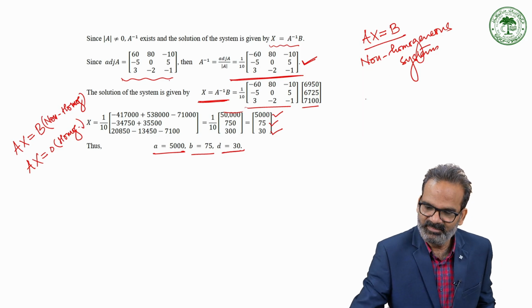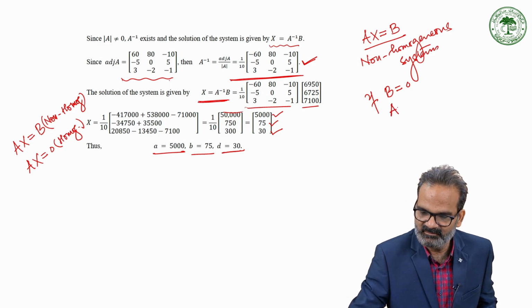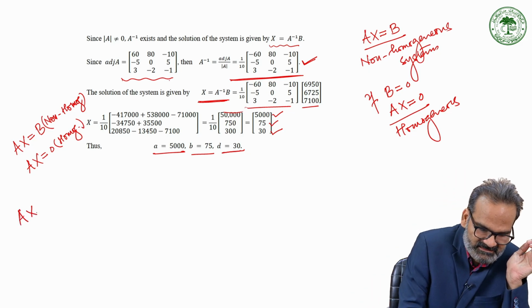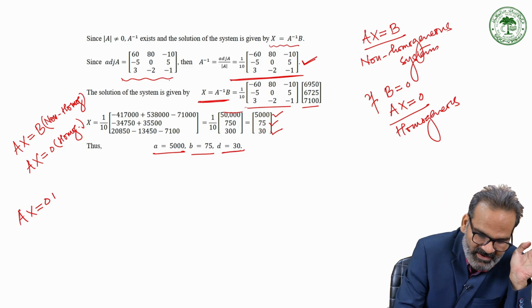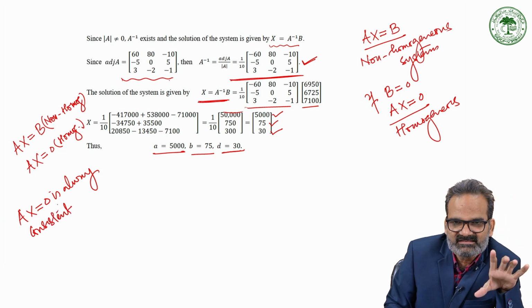Now, if b is equal to 0, the right hand side terms identically vanish, then this system is known as homogeneous, right? And the homogeneous system Ax is equal to 0, we have also discussed, is always consistent, right? Always consistent.